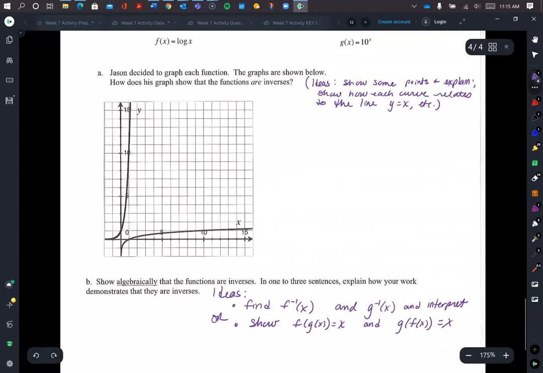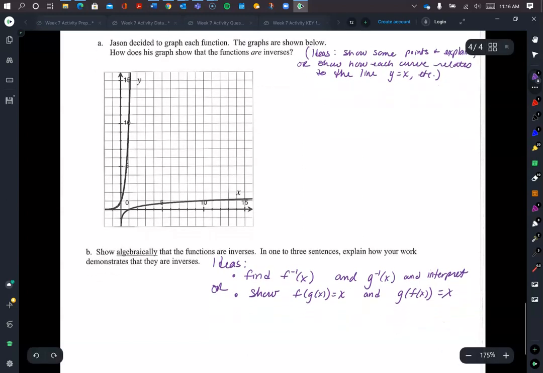So a couple of different options. This is like a one or the other, right? So you don't have to do both. You just have a choice there. You have to show it by graphing and by algebraically, but only pick one of the methods for A and one of the methods for B that I gave as hints.